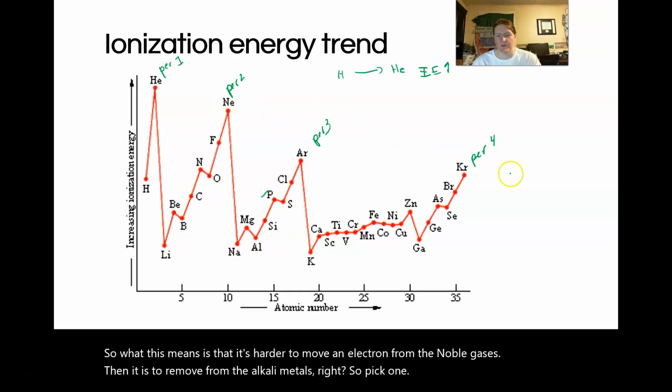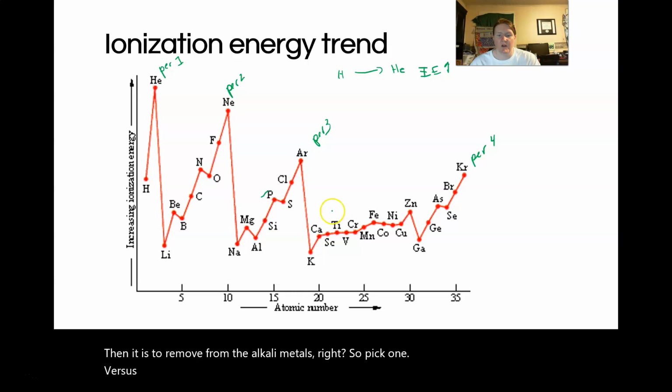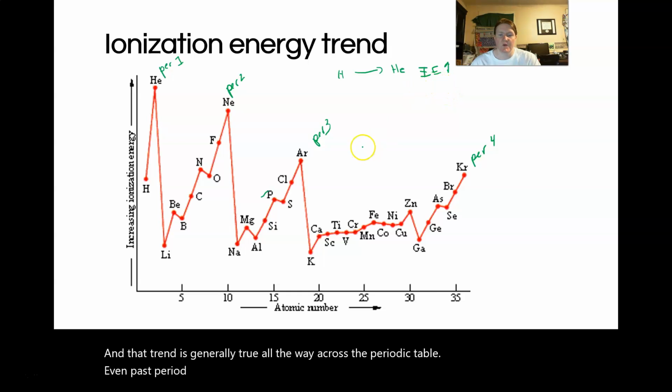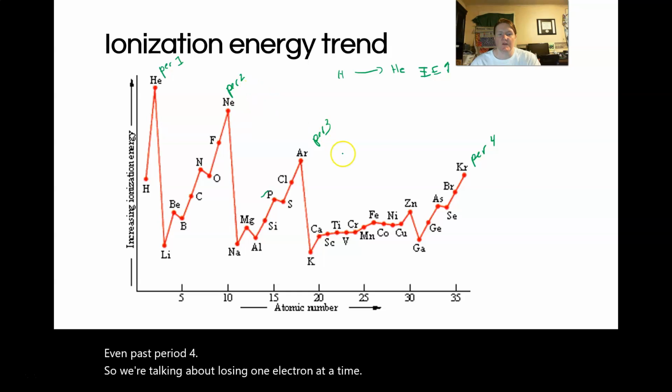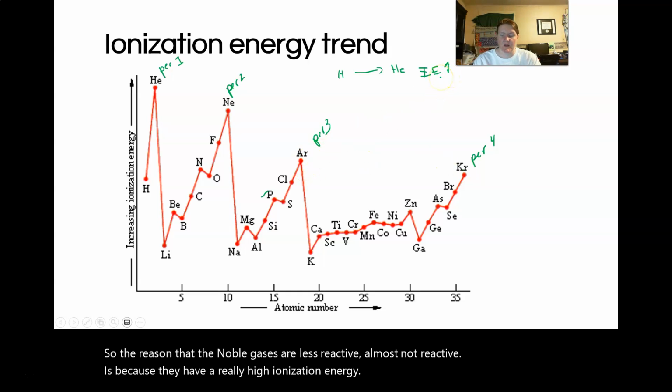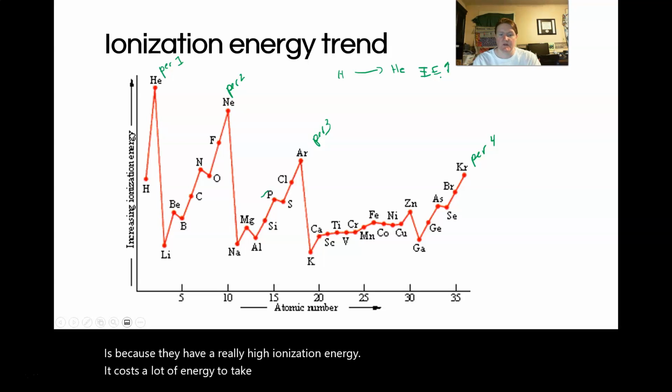So group 1 versus group 18. And that trend is generally true all the way across the periodic table, even past period 4. So we're talking about losing one electron at a time. The reason that the noble gases are less reactive, almost not reactive, is because they have a really high ionization energy. It costs a lot of energy to take their electrons. Okay?